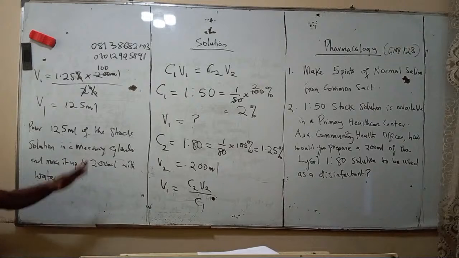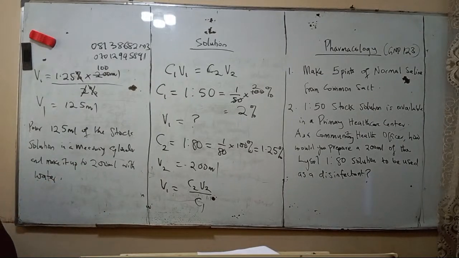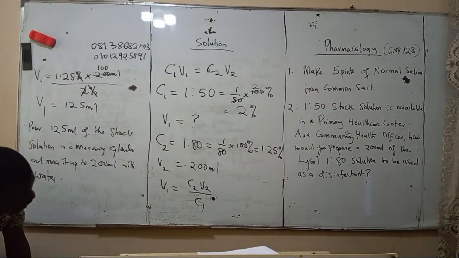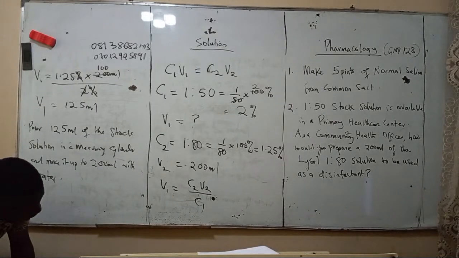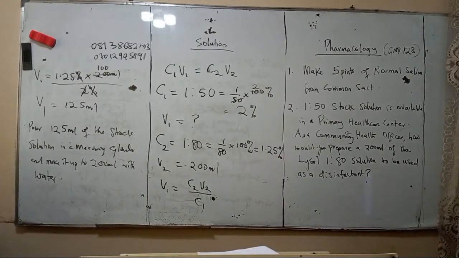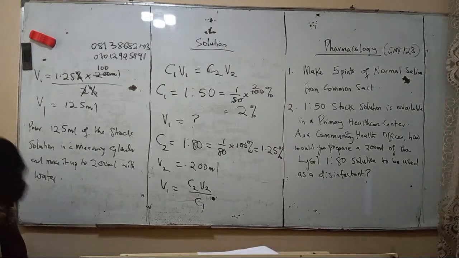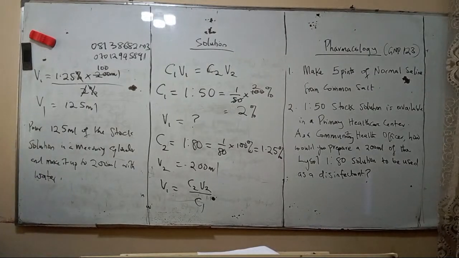Let me run this down again while we wait for your question. The question says 1 in 50 stock solution of Lysol is available in a healthcare center. As a community health officer, how would you prepare 200 ml of the Lysol 1 in 80 solution to be used as a disinfectant?